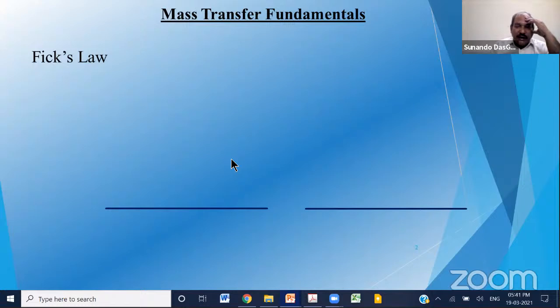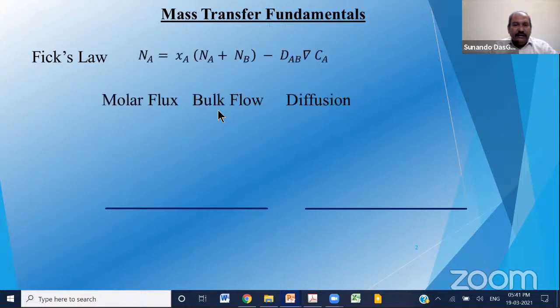Fick's law essentially gives you the flow rate as a function of several things, mostly the concentration gradient. So this is what Fick's law is all about.